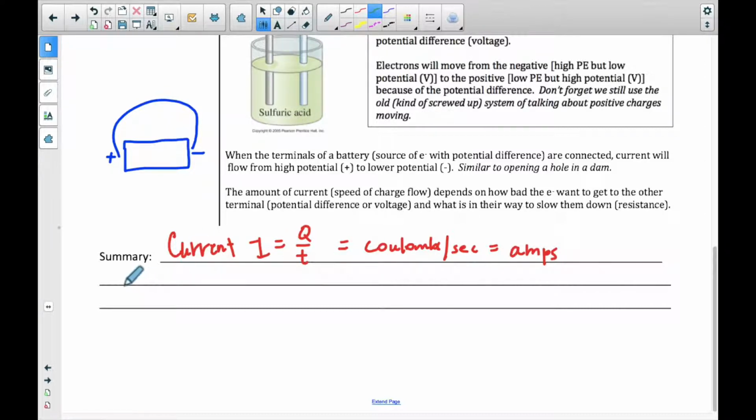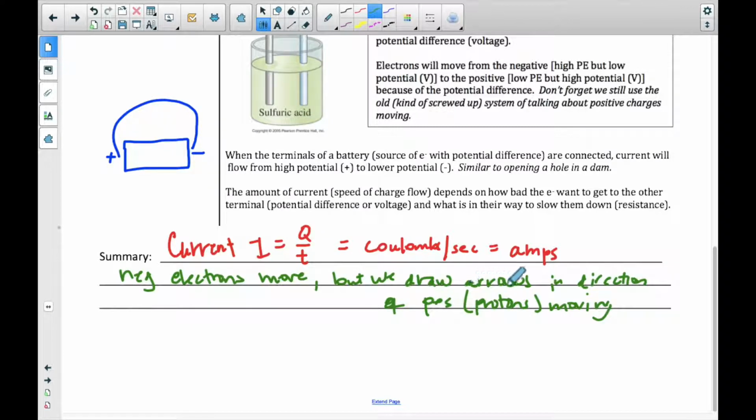Also, we talked about that the negative electrons move, but we draw the arrows in the direction of the positive, or the protons, moving. Even though we've figured out along the way that it's not the protons that are moving, it's the electrons, we still rely on that old convention of saying that the protons are moving. We will, like I said a minute ago, work in class on several labs and activities where you'll get to see what's going on when this current is flowing.